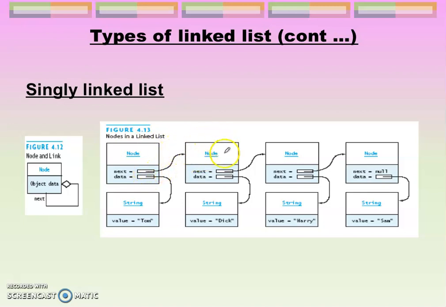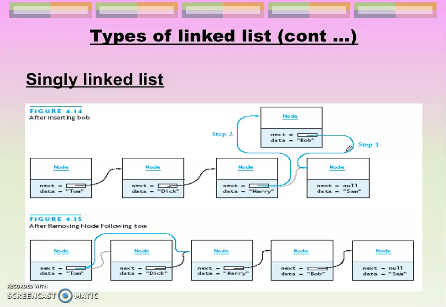Okay, same goes to the second node. Second node, which is we have the actual data, which is Dick, and also the address to the next node. Okay, same to the third node. Okay, the actual data is Harry, then the next node, and also the address to the next node. Okay, until the end lah.